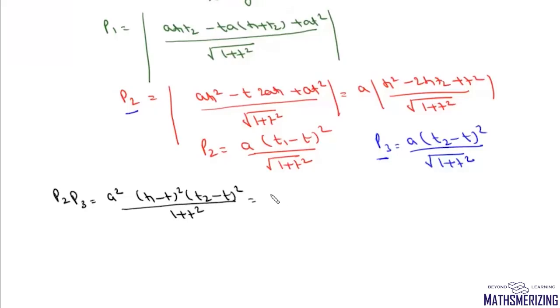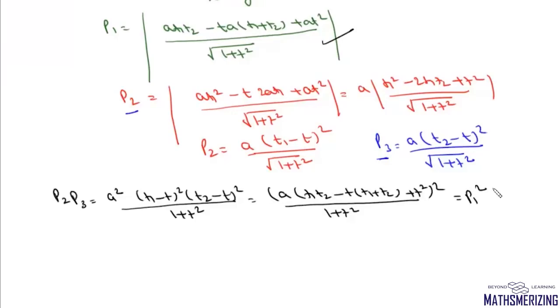So we can write this as a, and we'll multiply, we'll get (t1t2 minus t(t1 plus t2) plus t square) whole square upon 1 plus t square, which is nothing but P1 square. So we can say that P2, P1 and P3 are in geometric progression.